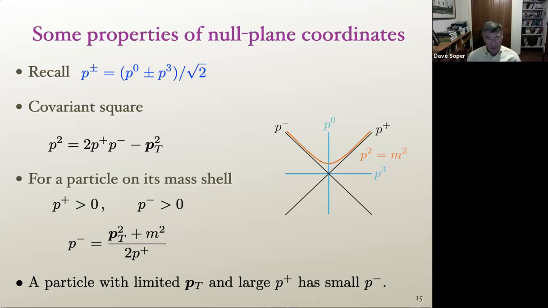So if I've arranged my coordinates so that p transverse is rather small, say a GeV, but the total energy is big, 100 GeV, then p plus will be large, if I chose the axis in the right direction, and p minus would be small. Well, it's 1 GeV squared divided by p plus, so that's like 1 over 100. So p minus is 10 to the minus 2 GeV.